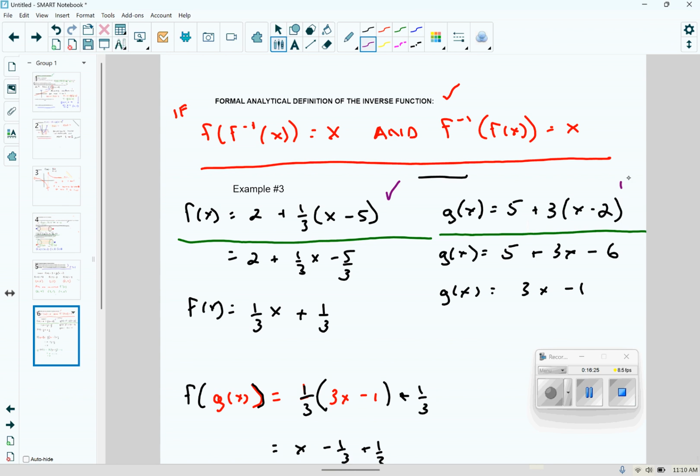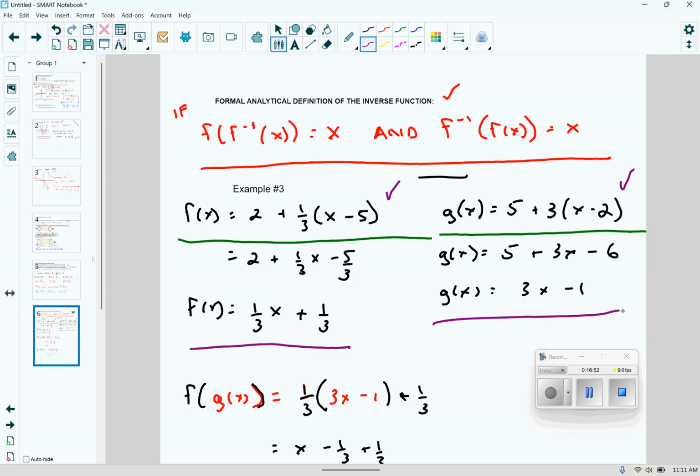Distribute the 1/3. 1/3 times 5 is negative 5/3. 2 minus 5/3 is 1/3, so f of x is 1/3 x plus 1/3. Distribute the 3 here. 3x minus 6 plus 5 is 3x minus 1. That's g of x.